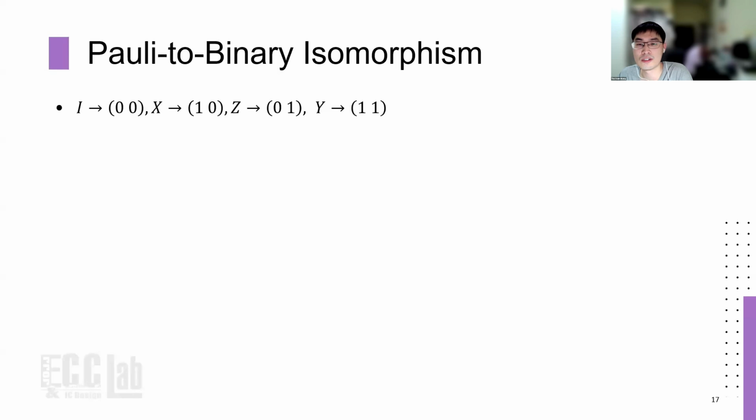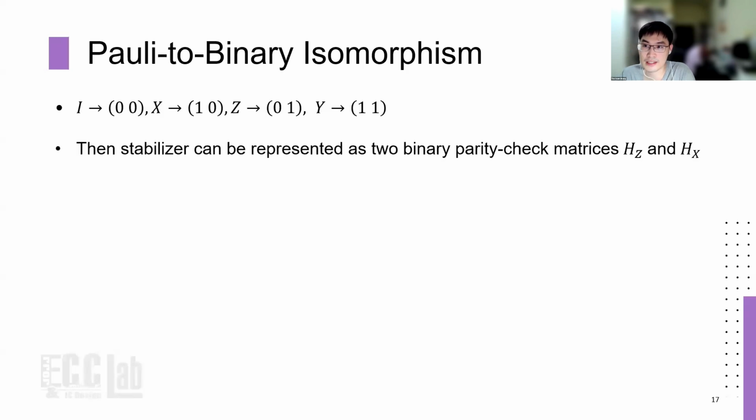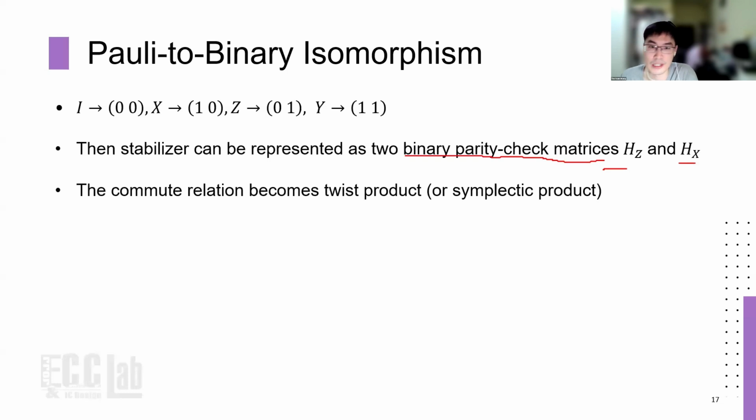Now I will introduce the Pauli to binary isomorphism. Pauli basis can be represented by the binary vector. So the stabilizer can also be represented as two binary parity check matrices, Hz and Hx. And the commute relation becomes the twisted product, or say symplectic product.